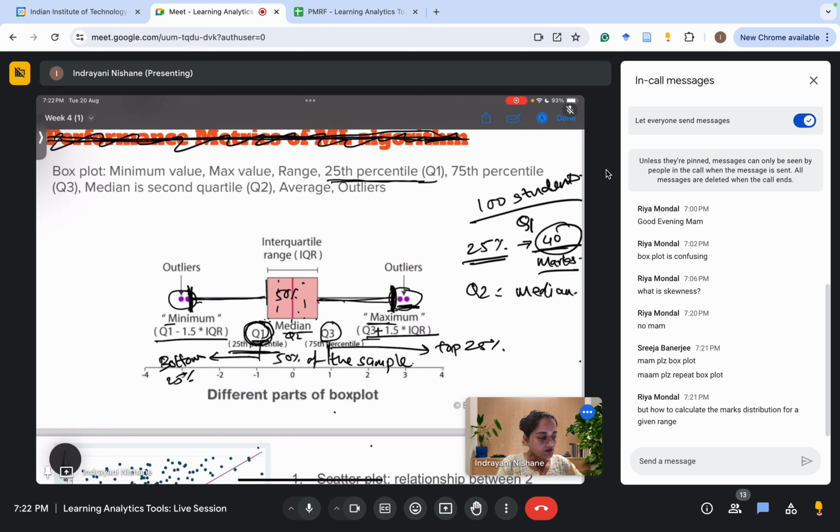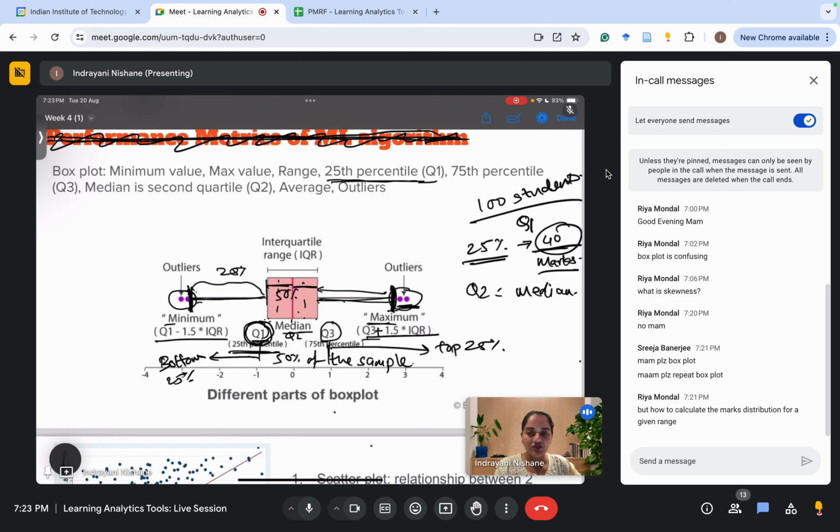So Q3 is again the next 25%, and the maximum value would be our Q4. So quartile, as the name suggests, is a quarter of the sample. One quarter lies here, 25%. The next 25% is here, the next 25% here, and the next 25% here.